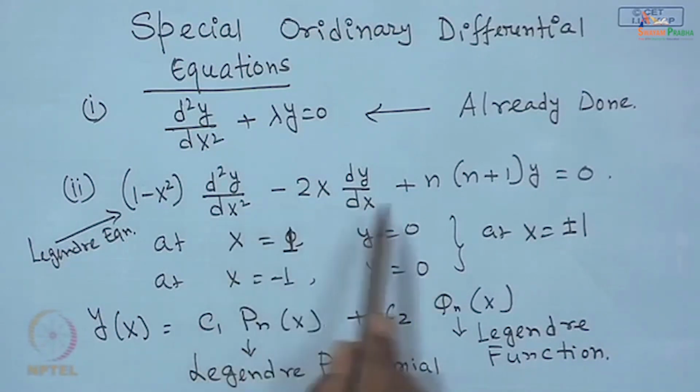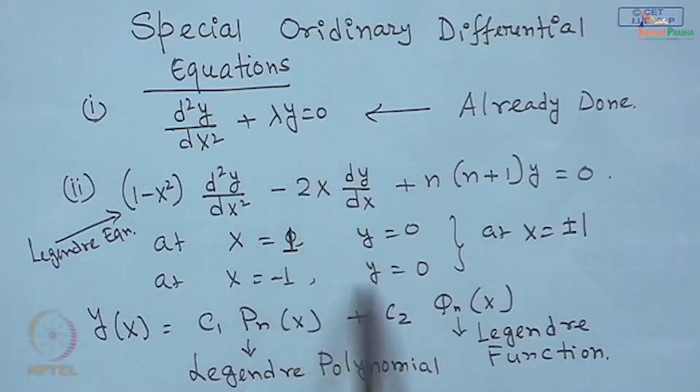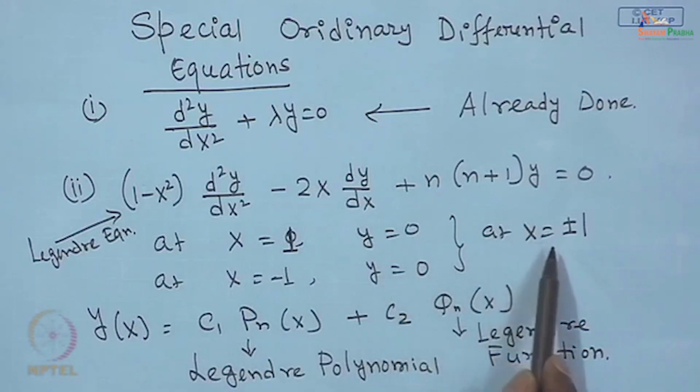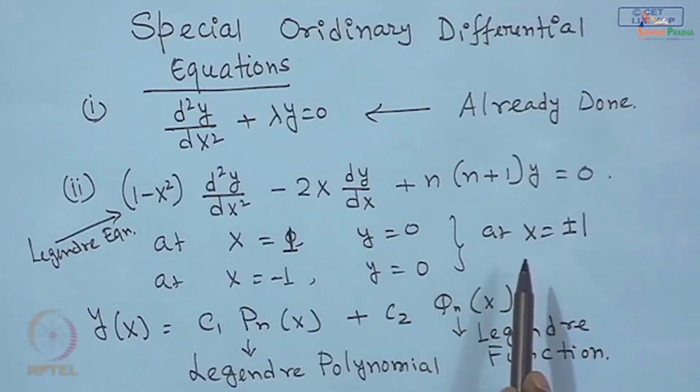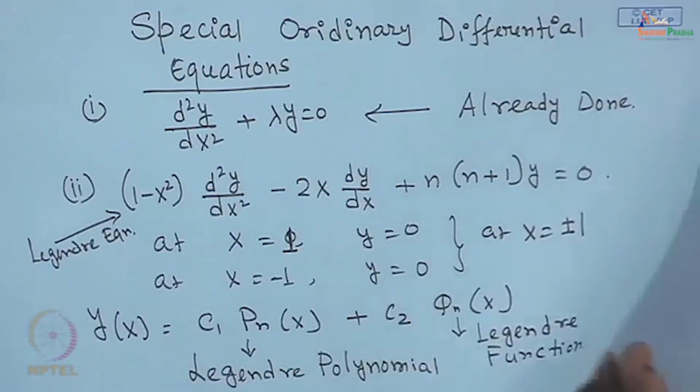Then, with this differential equation and the homogeneous boundary conditions at x equal to plus minus 1, the solution will be constructed by a combination of Legendre polynomial and Legendre function. Then we should know some of the properties of the Legendre polynomial and Legendre functions.